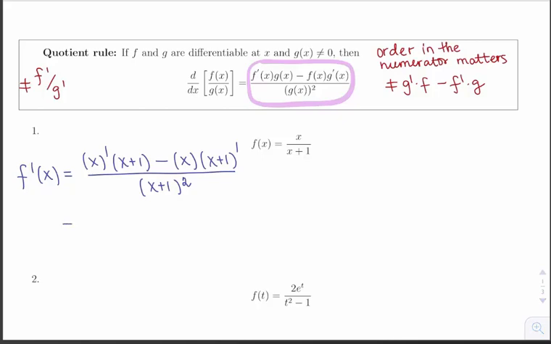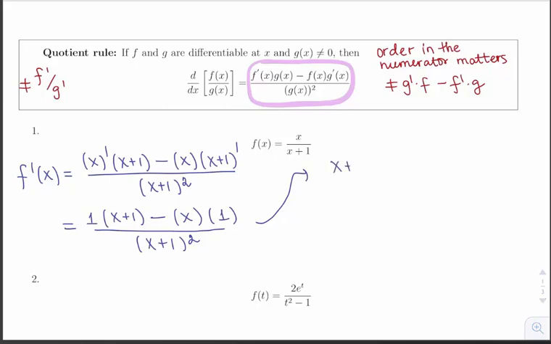Okay, x prime, that's 1 times x plus 1 minus x times what? X plus 1 prime, that's also 1. On the bottom, we get x plus 1 squared. You don't need to multiply this through. You can keep it in factored form. All right, so we get x plus 1 minus x over x plus 1 squared.